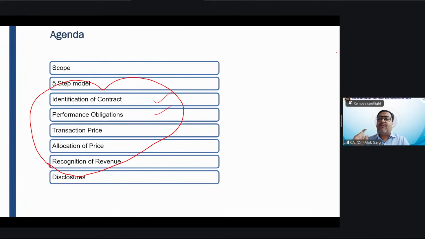So number one, the goods and services have to be distinct at their own level, and the goods and services are separately identifiable in the contract also. What is meant by separately identifiable in the contract? We discussed that goods and services are considered separately identifiable if there is no significant integration, no significant modification, and the activities are not highly interdependent.